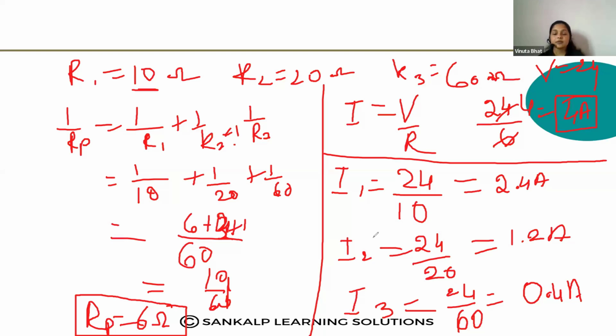Okay. So this is the value of current through each resistor, that is 2.4, 1.2, 0.4. The total current flow is 4 ampere and total resistance is 6 ohm. Please note this question.